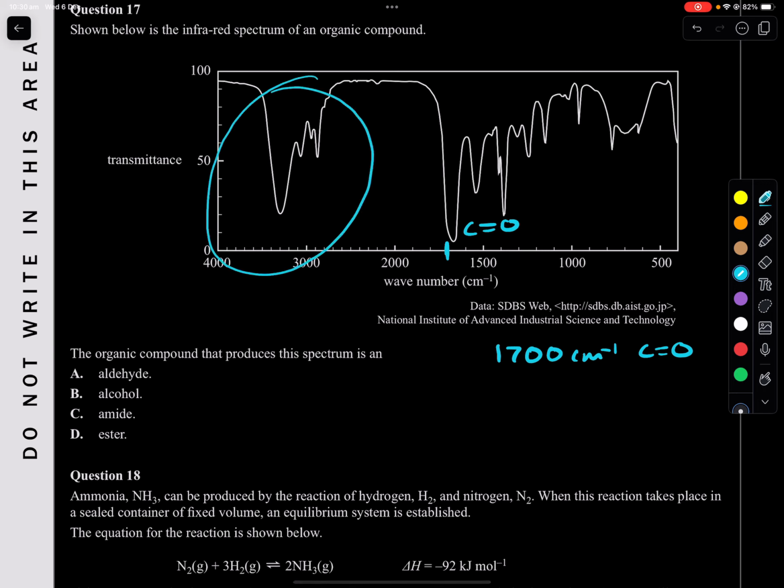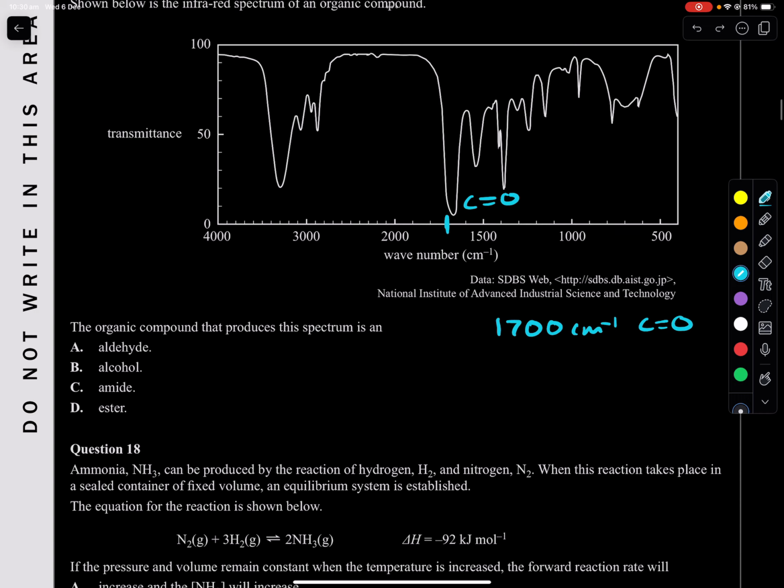Well, having a look at this one here. Remember when we talked about OH having a strong peak? This is not as strong as we might want it to be. Remember, a strong peak is like this. It's very high. So it would have been like this. But in this case, it's in the medium. If it's in the medium, this is another kind of pattern you might want to see.